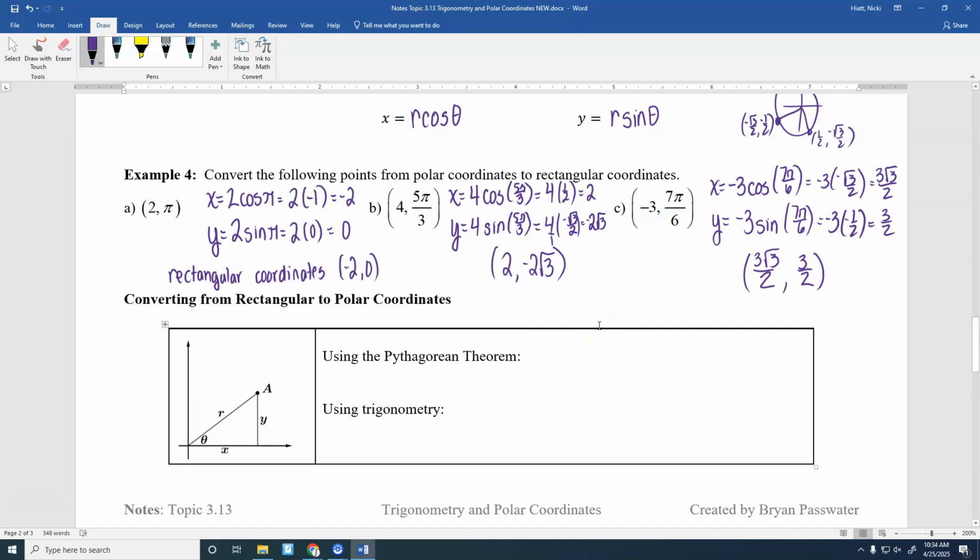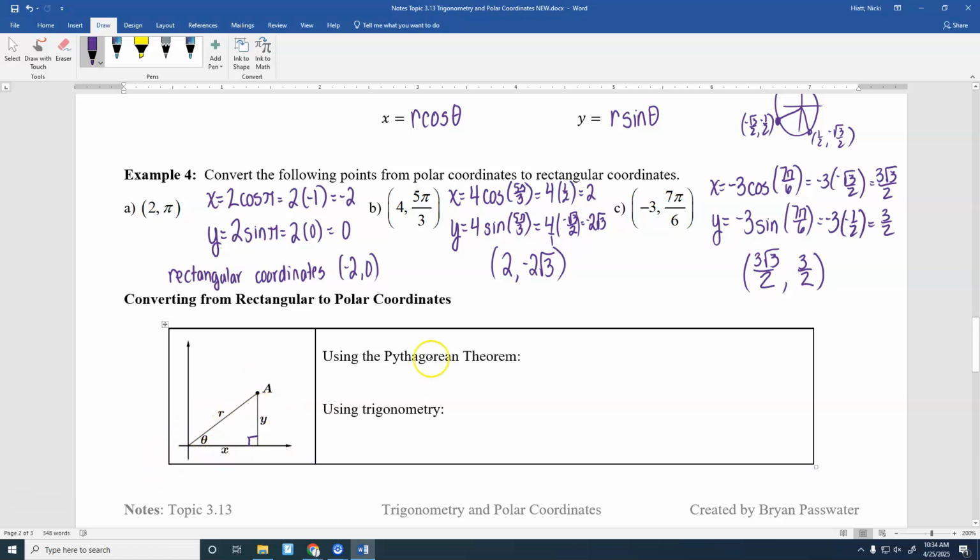If I know x and y, and I'm trying to find the angle and the radius, and this is a right angle right here, what can I do to find r?